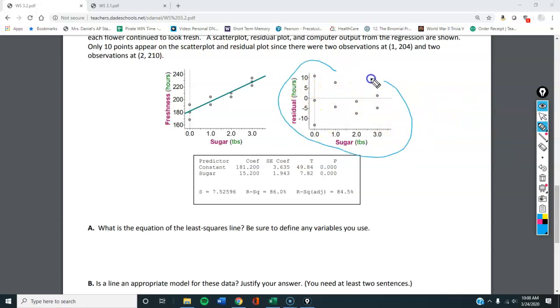Number 1, this is random. Remember, if it's random, it's linear. If it looks like a parabola, it means it's nonlinear. And the other thing you could also say is your r, well, that's r squared, but if you square root that, it'll give you your r, which is also very high. So it's definitely linear. Yes, and it looks like a line. So that's 3 reasons why. Biggest reason is the random residual plot.